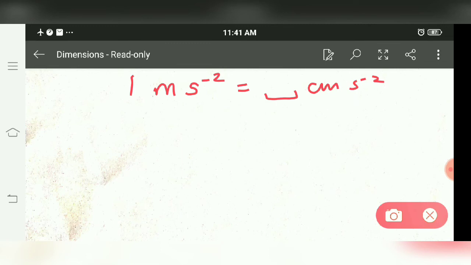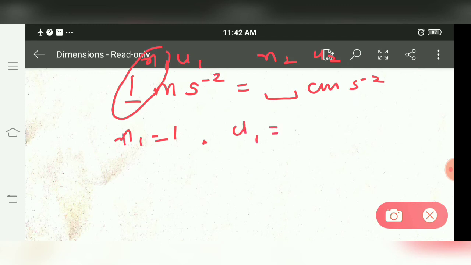We don't know the value here. Comparing this with n1 u1, n2 u2, n1 is 1, u1 is meter per second square, n2 we don't know, and u2 is centimeter per second square.